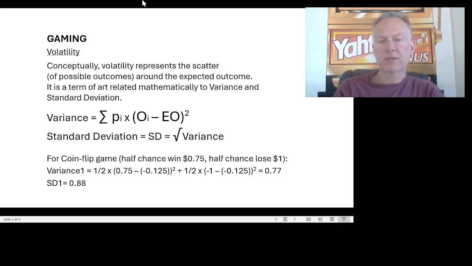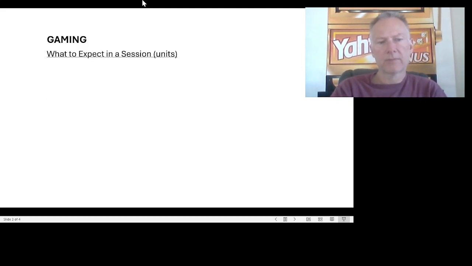And then there's a 1/2 chance that I'm going to lose, so that outcome would be minus 1, and again, I'm going to subtract off the expected outcome, which is minus 0.125. If I plug that into a calculator, I get 0.77. And then I take the square root of that number to get the standard deviation of a single play, and that's 0.88.